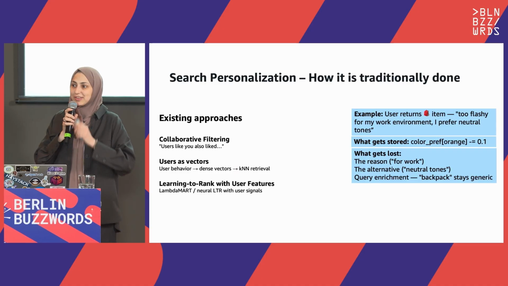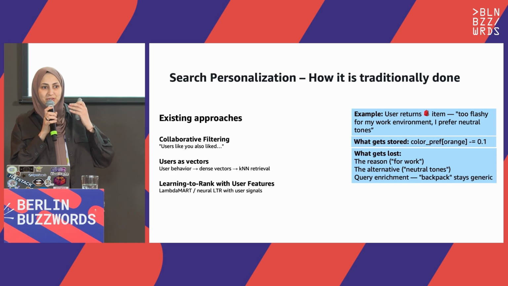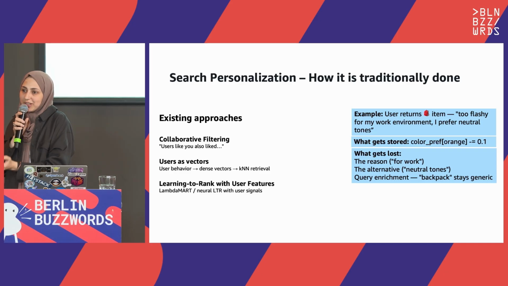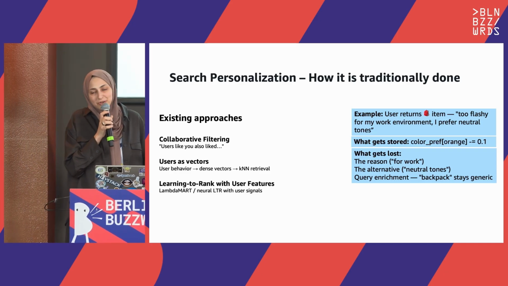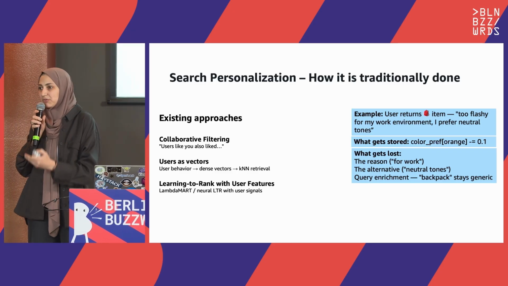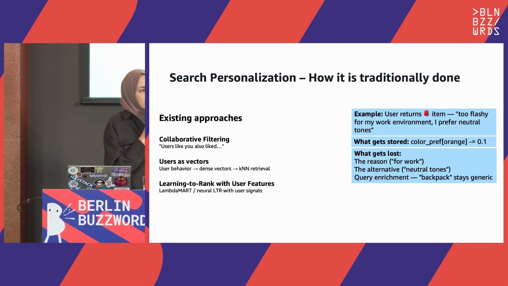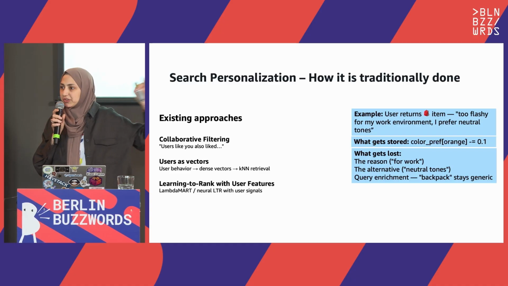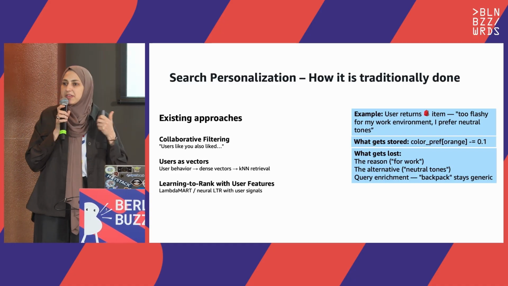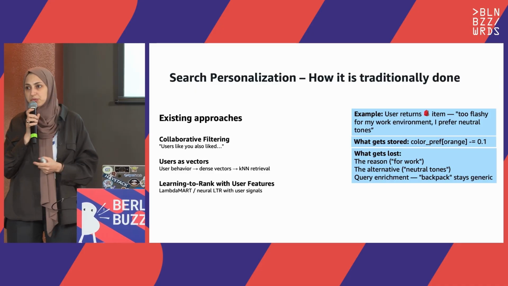Not to mention that the user context evolves in time. The customer, the user evolves in their life. They may be a student, then they could become a working person, or they have been, I don't know, single, and then they started to look for baby items. So the context evolves. And in order to incorporate this evolution in the traditional approaches that we covered here, that required retraining your machine learning models, that required capturing the drift in the ML models and the vector space that you created for user preference.